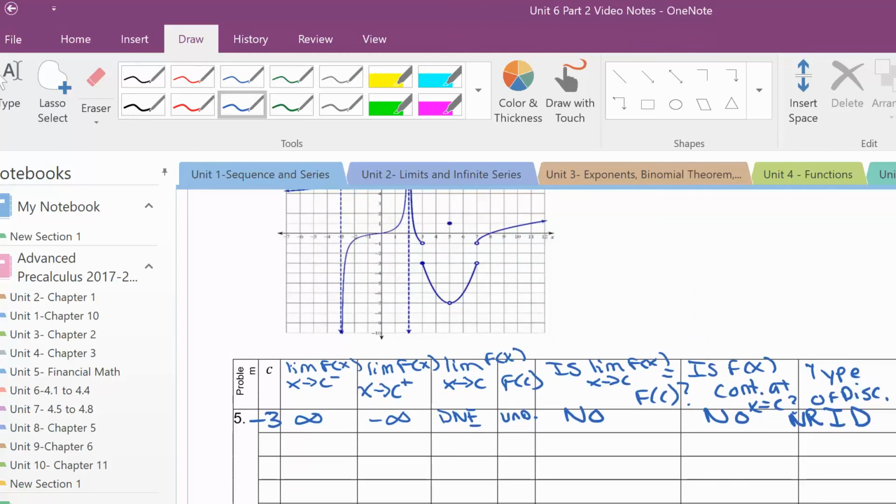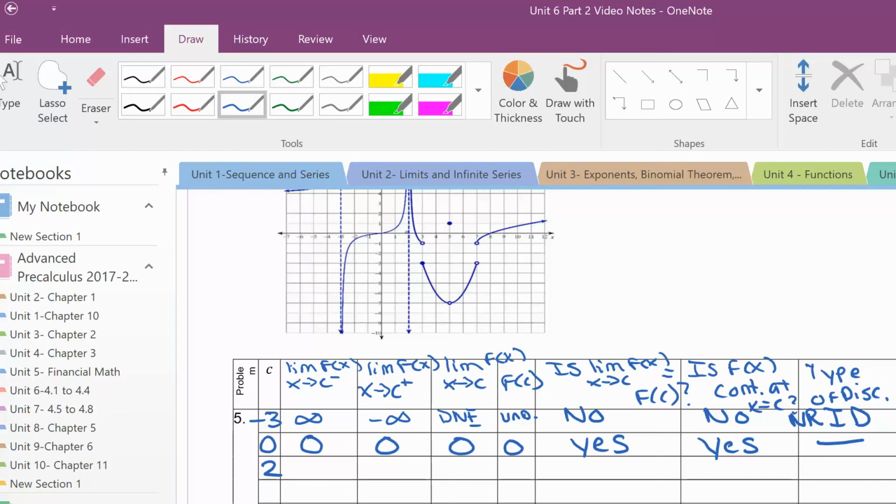All right, next value is 0. At 0, notice from the left it goes to 0. From the right it goes to 0, so the limit is 0. F of 0 is 0. Yes, it is the same. Yes, it is continuous. There is no discontinuity. The next one is 2.